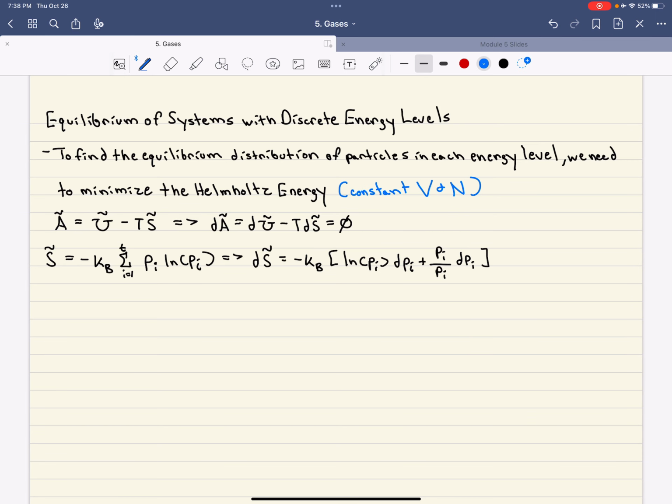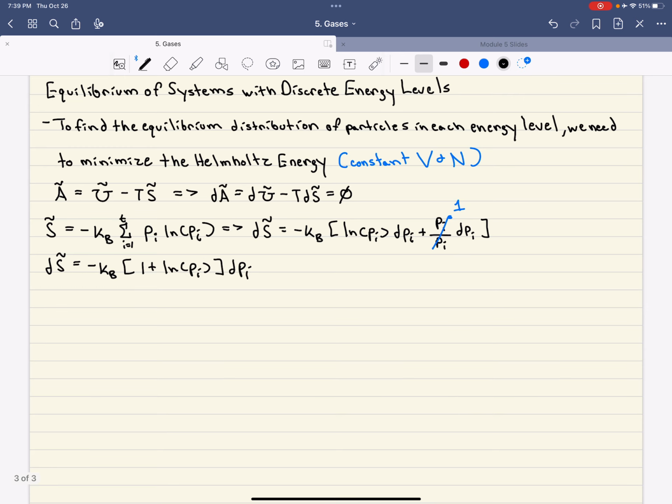All right, so these pi's cancel, and we get 1 here. And so what we get for ds is just negative Kb times 1 plus ln of pi dpi. Okay, so that's how we get the ds term in the Helmholtz differential.